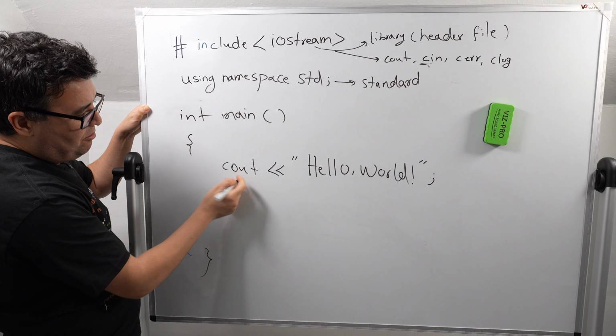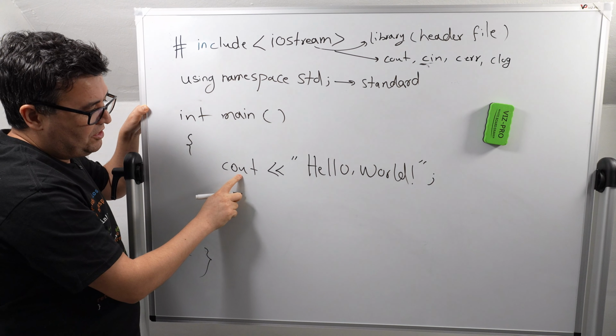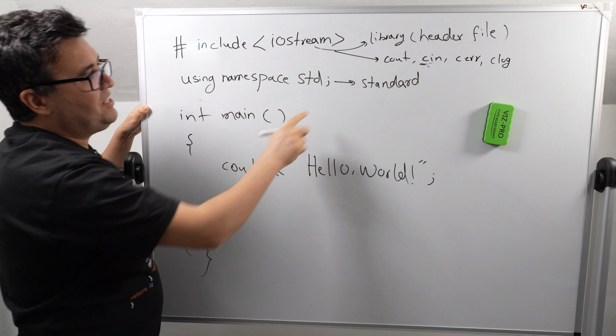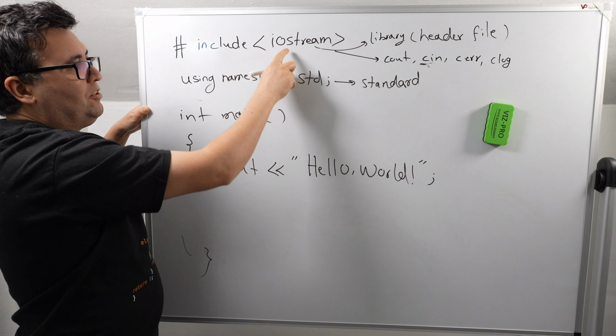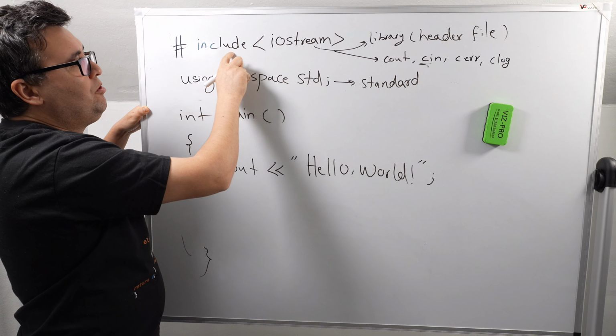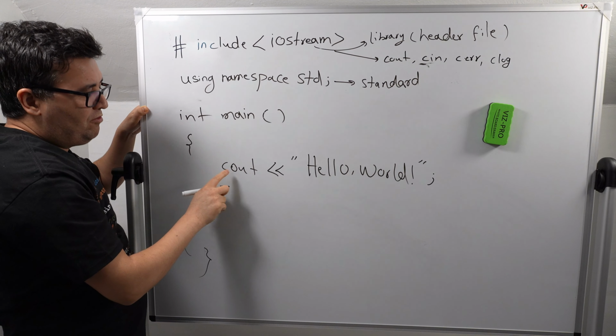And we use the cout, you see here? Why did we include iostream? Because, as we already talked about, the cout object is included inside this library. So we included this library on the first line, because we use cout.